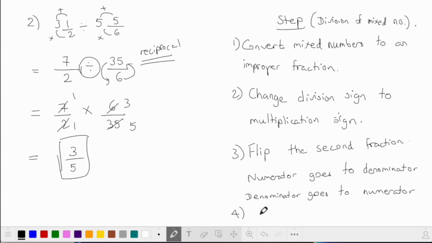Then find the highest common factor between the numerator and the denominator, and that's it.